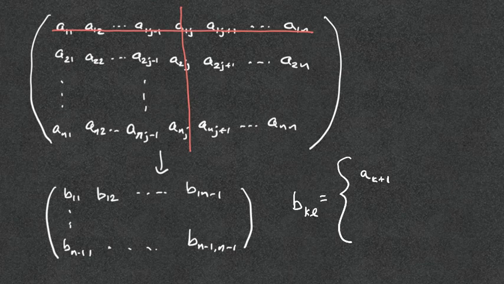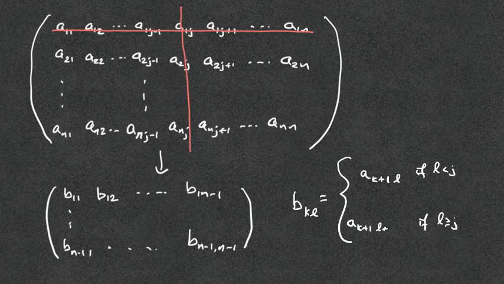And then for our column, if l happens to be less than j, nothing happens. So it's a sub kl if l is less than j. And then in the case that l is greater than or equal to j, our columns get shifted over one to the right. So our rows still increase, but now our column increases as well.